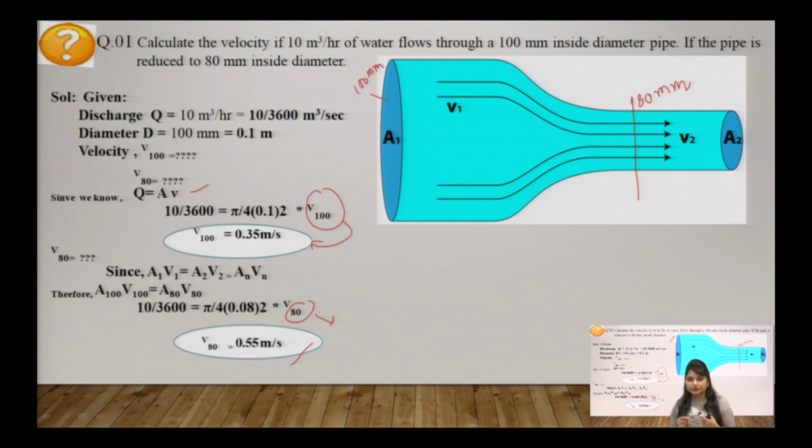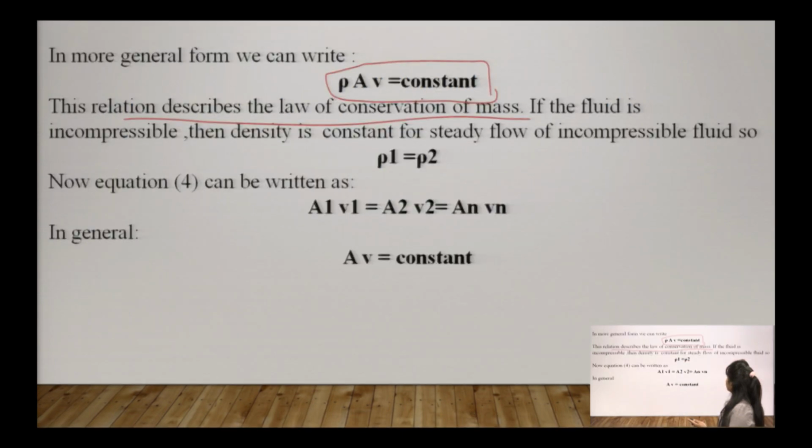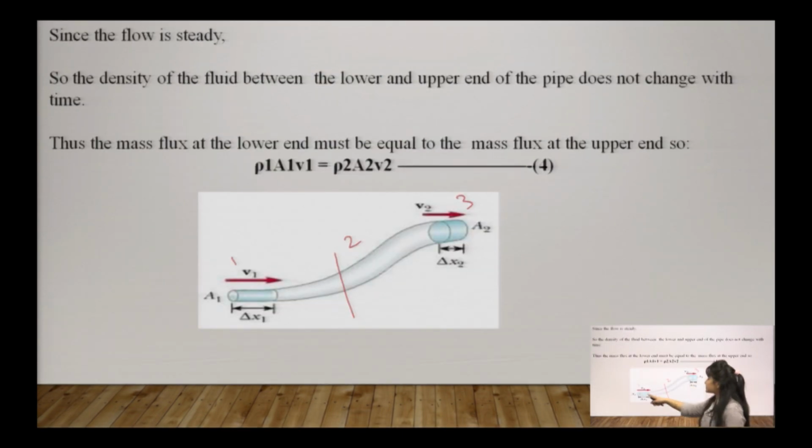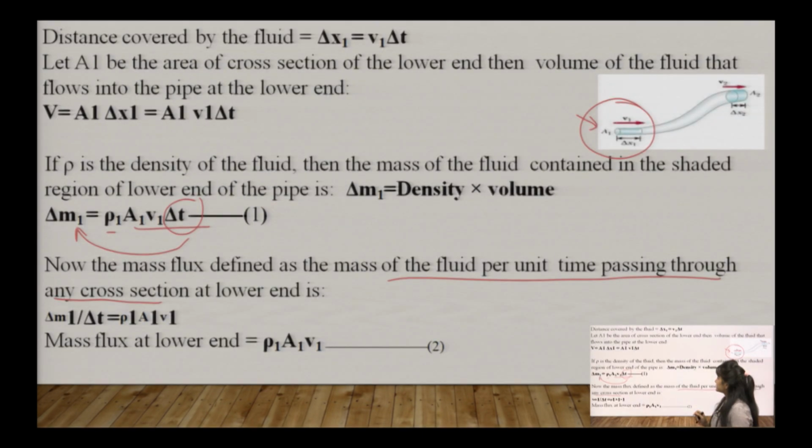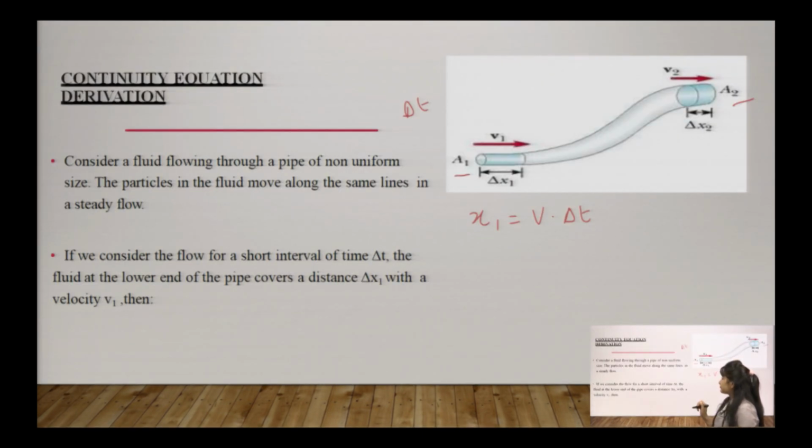Let us not go into the mathematical section. The concept to bring your attention to is that the diameter does not remain constant. In the diagram, if you focus here, I have not taken the cross sectional area as constant; the first and foremost assumption was a pipe of non-uniform size.